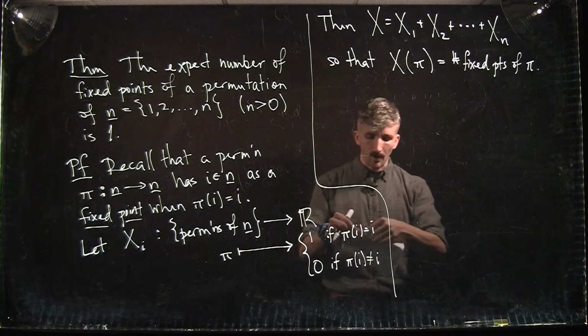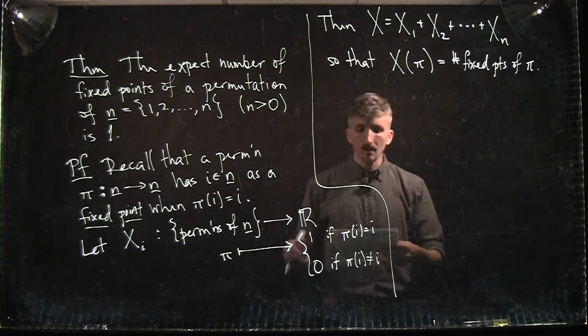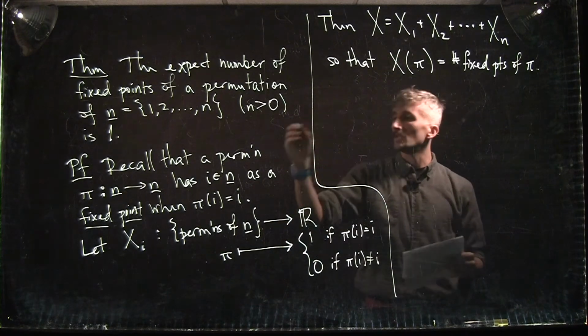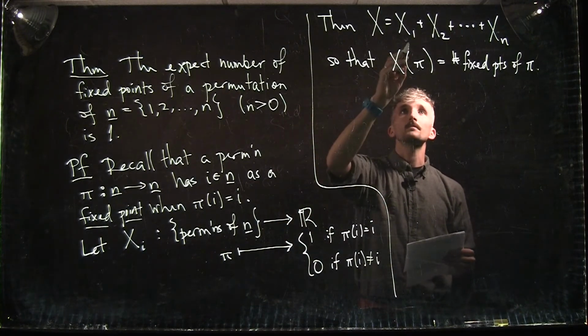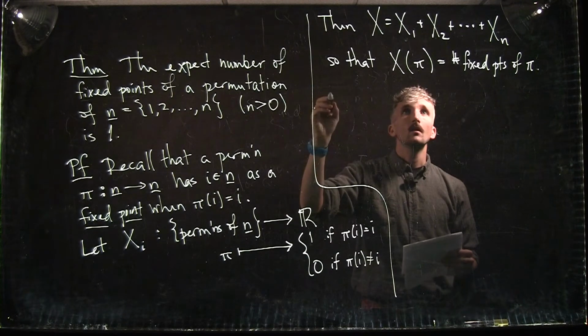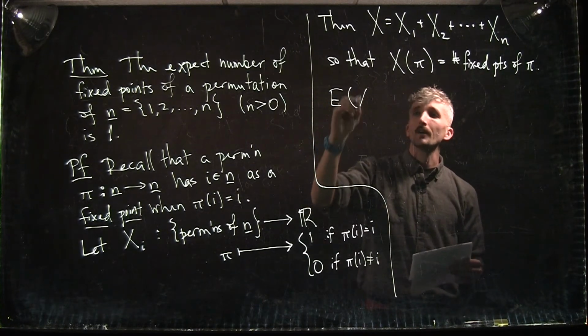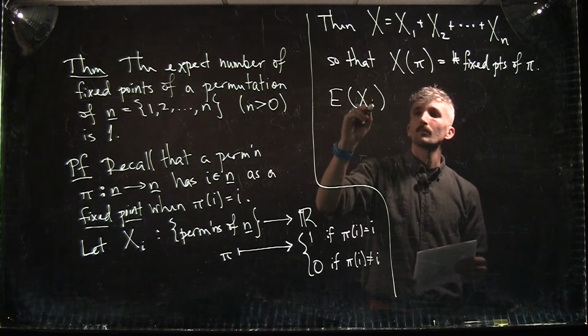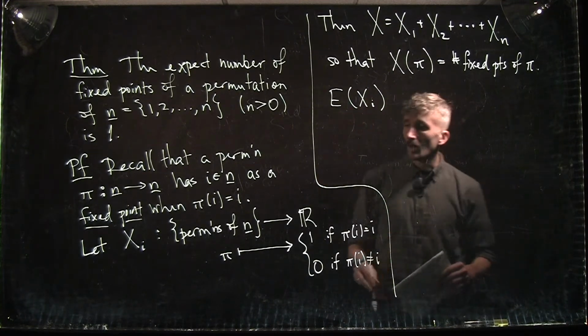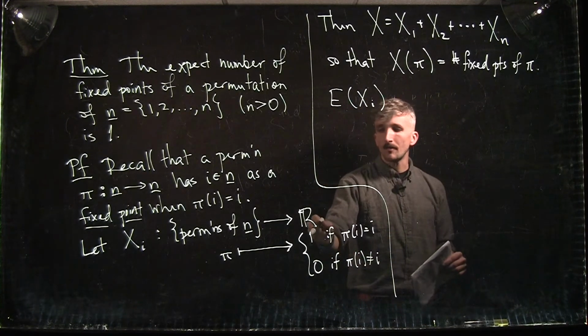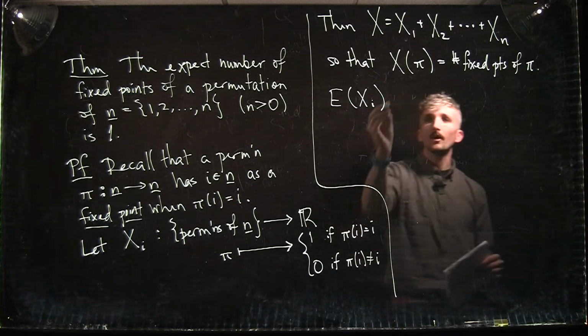So let's think about that. What is the expected value of x sub i? Okay, well, the image of x sub i is clearly just 1 or 0.